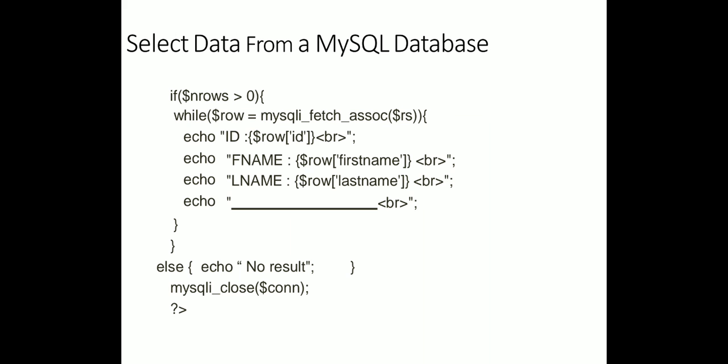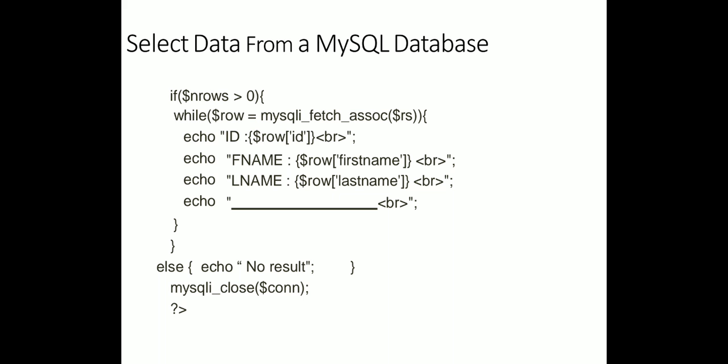Next, after entering the while loop, it will print the id. The id is what the table contains, so the table contents are here. Echo id: whatever data is in id, like $row and id, is given in square brackets. Then the next statement is echo fname, that is the first name, fetched from the first name column of the row.